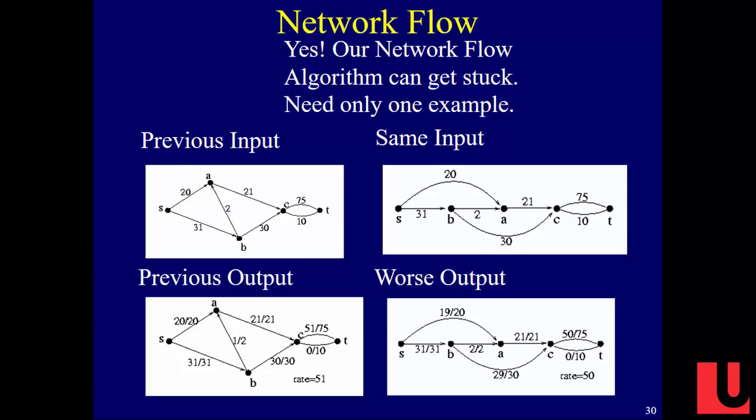And that's kind of where our mistake was. We put too much flow through that one edge, right? There's 31 plus 19 gives you a total of 50. While here we got 20 plus 31 gives you a total of 51.